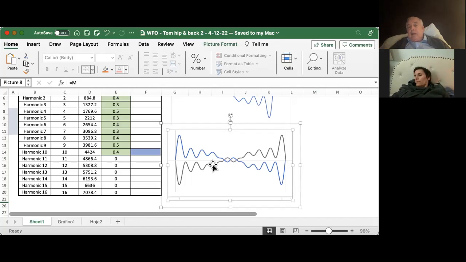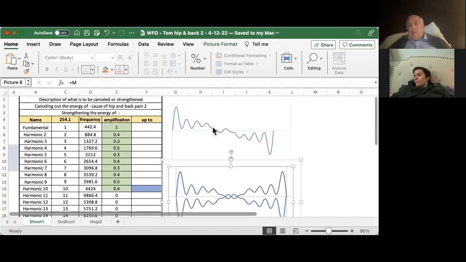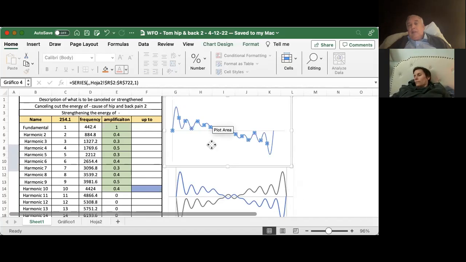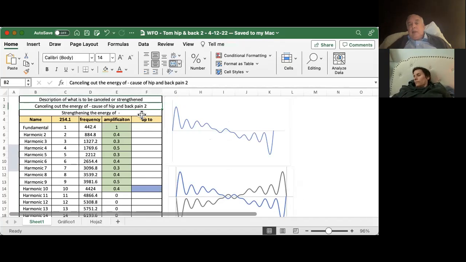And so the reason to do this is that this wave is a much more precise definition than just saying the cause of the hip and the back pain. It's like educating the body as to the details of what those words mean.